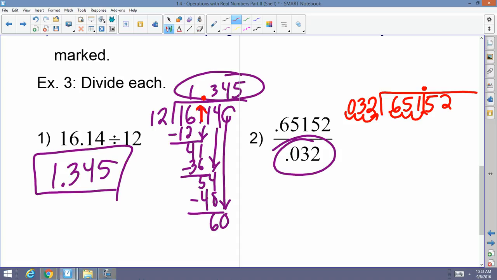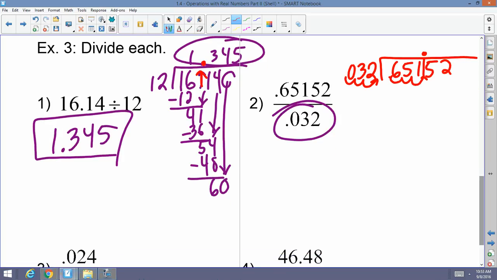Now just divide. So 32 can go into 65 twice. That's 64. So you got the 1. Drop that down. 32 goes into 11 0 times.